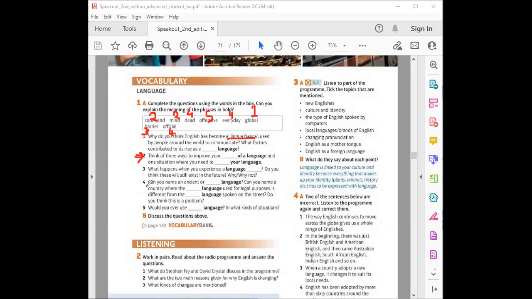Ghana is one of the countries where they have so many languages, okay? They have Akan, Ewe, Ga, Dagbani, and the official language is English.